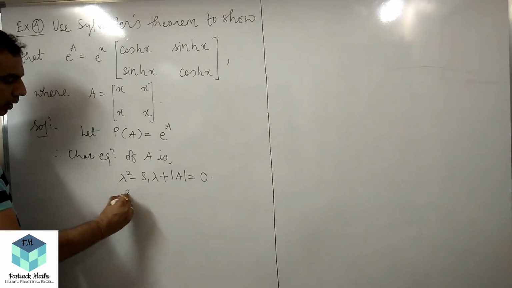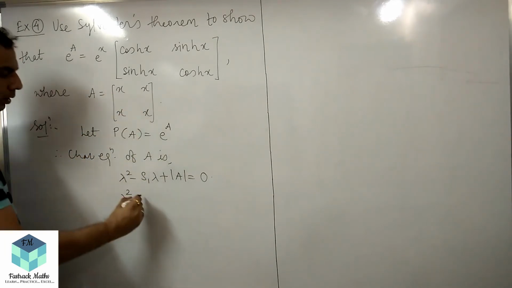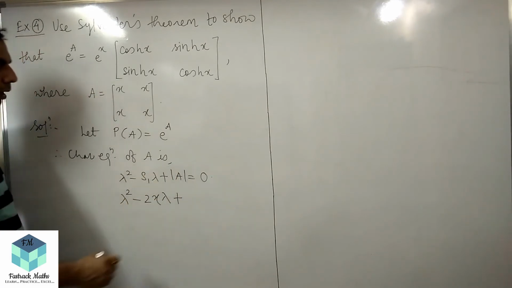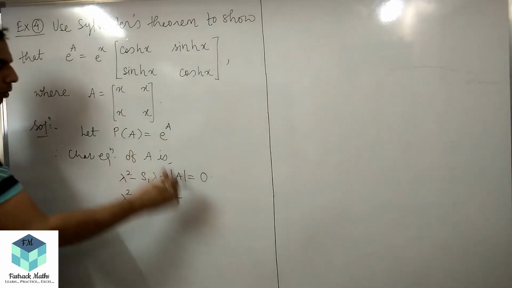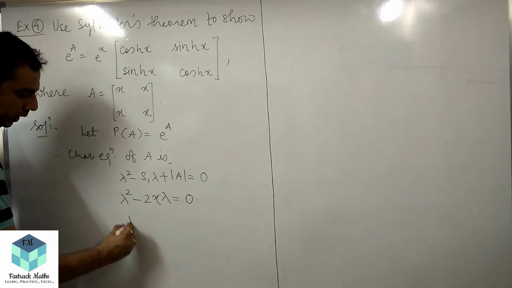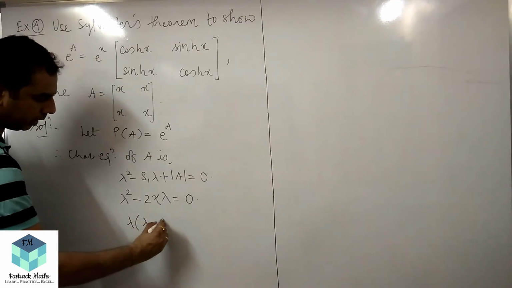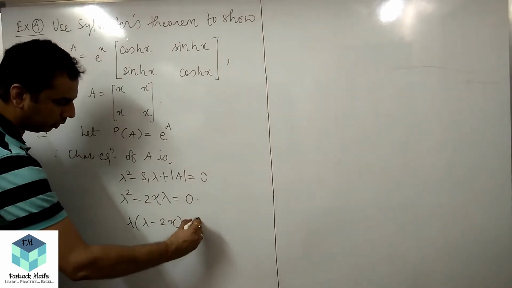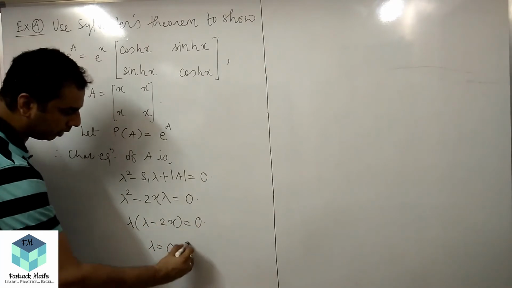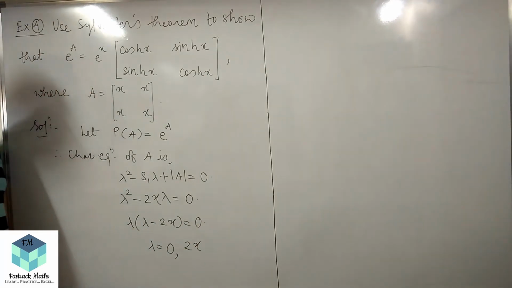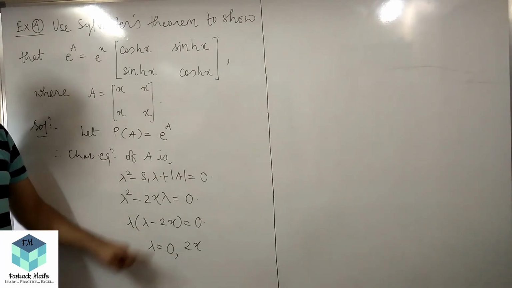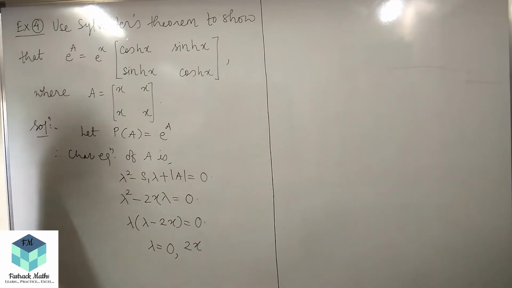So it is lambda square minus 2x lambda plus determinant of A, where s1 is the sum of diagonal elements, 2x. The determinant is x square minus x square, so it is 0. Taking lambda common, we can write this as lambda into lambda minus 2x equal to 0. So lambda is equal to 0 and lambda is equal to 2x are the two eigenvalues, and definitely these eigenvalues are distinct.